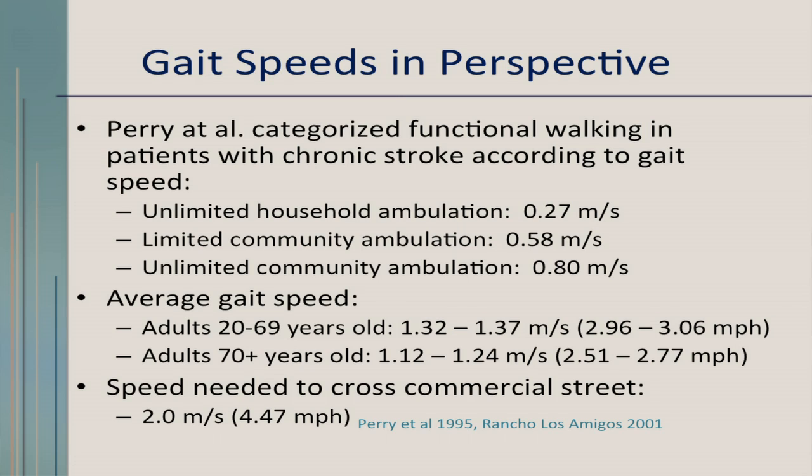Adults 70 and older tend to walk at 1.1 to 1.2 meters per second, or 2.5 to 2 3/4 miles per hour. And again, this is significantly slower than the unlimited community ambulators in the stroke survivor population. We also need to keep in mind the speed needed to cross a commercial street at 2 meters per second, or 4.5 miles per hour.